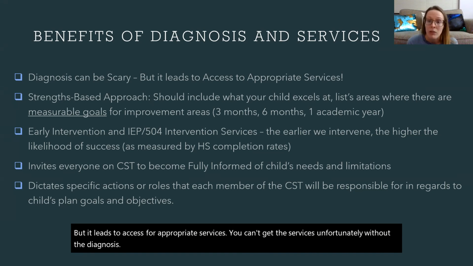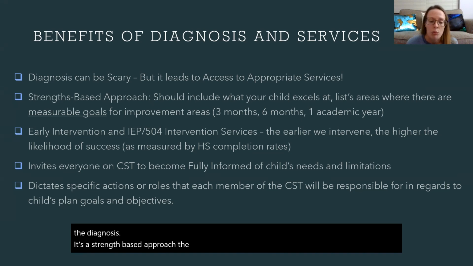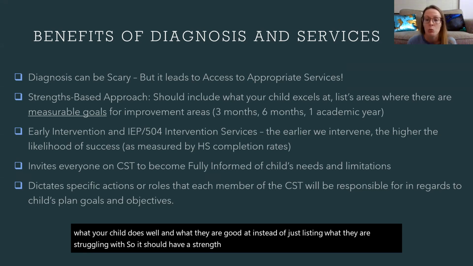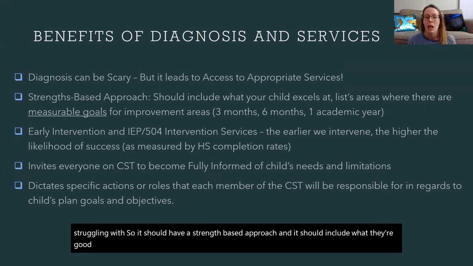It's a strength-based approach. The IEP, if you read through them, is always first focusing on what your child does well and what they are good at, instead of just listing what they are struggling with. So it should have a strength-based approach, and it should include what they're good at and list areas of measurable goals for improvement areas.